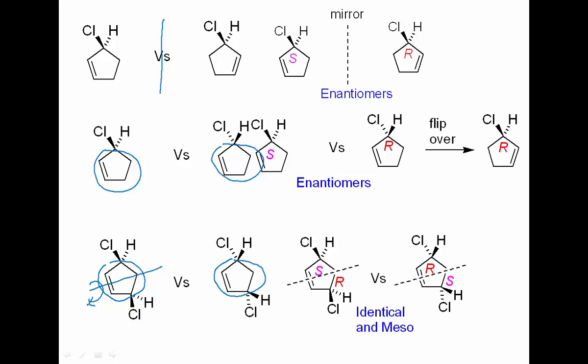So these are not enantiomers because they're meso compounds. If this plane of symmetry didn't exist, then they would be enantiomers, but because they're meso compounds, they're not.